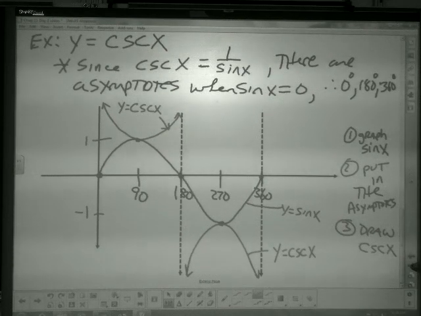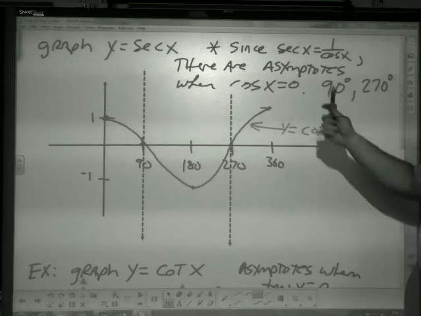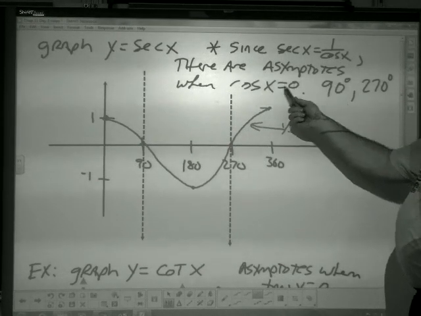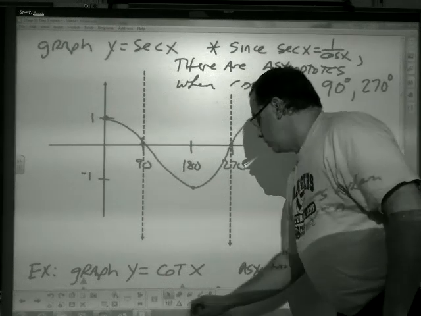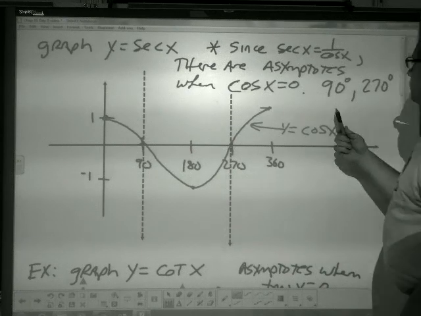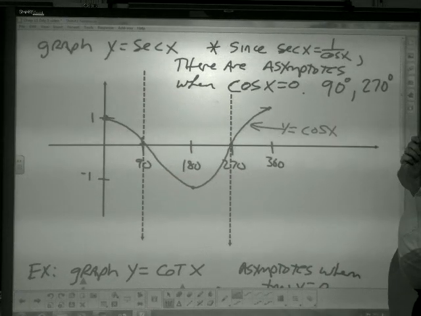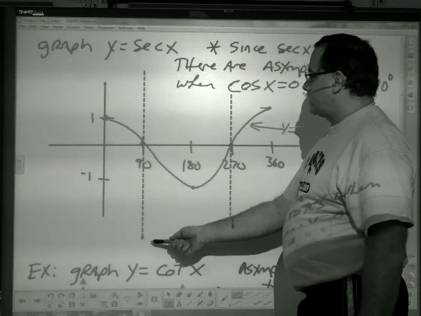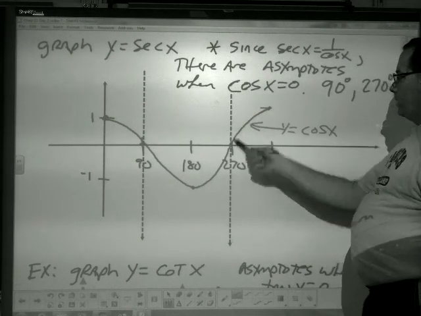Okay, so let's look at the secant graph. Since secant is the flip of the cos, there are asymptotes when the cosine value is equal to 0. At 90 and 270 are places where cosine hits the 0 line, and you're going to have an asymptote.